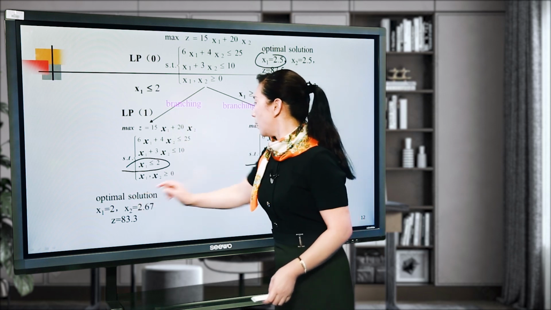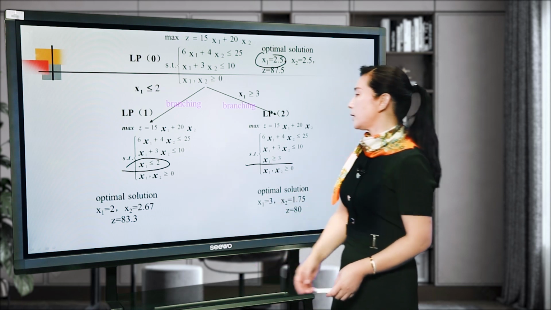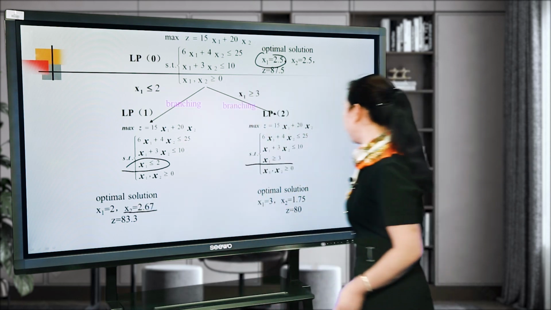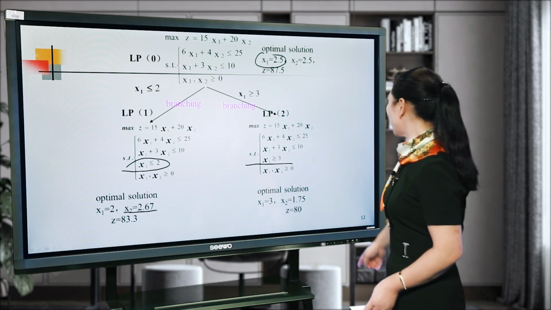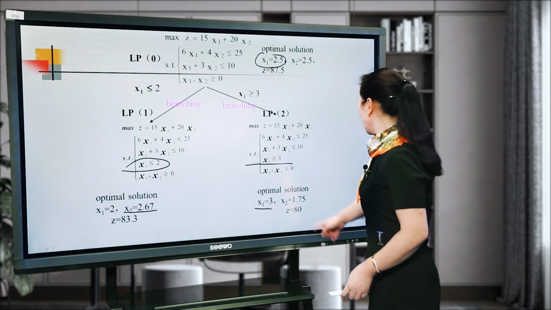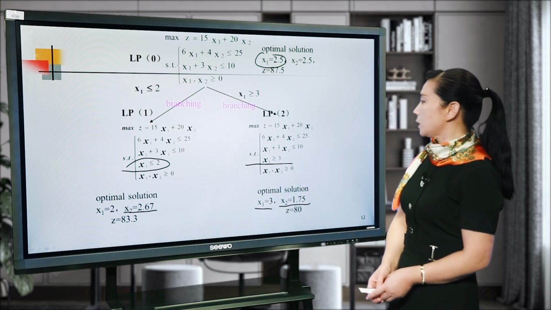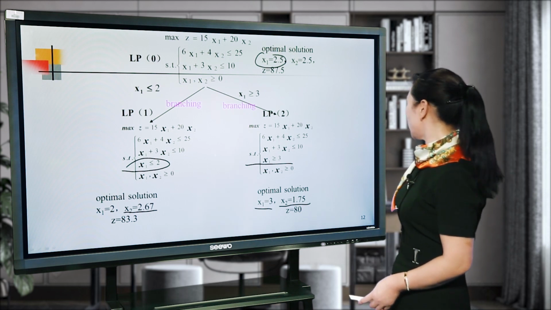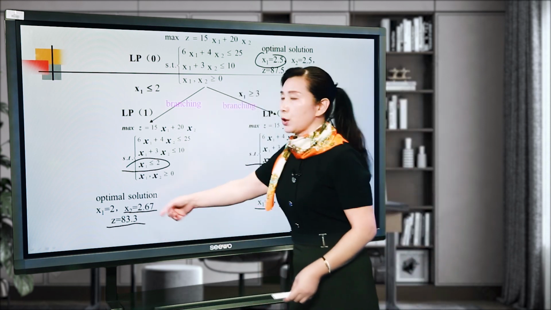LP1's optimal solution has x2 equal to 2.36, and this is not an integer. In LP2, the optimal solution x1 is 3, and x2 is not an integer. So we need to continue branching, and we notice that the objective value of LP1 is greater.